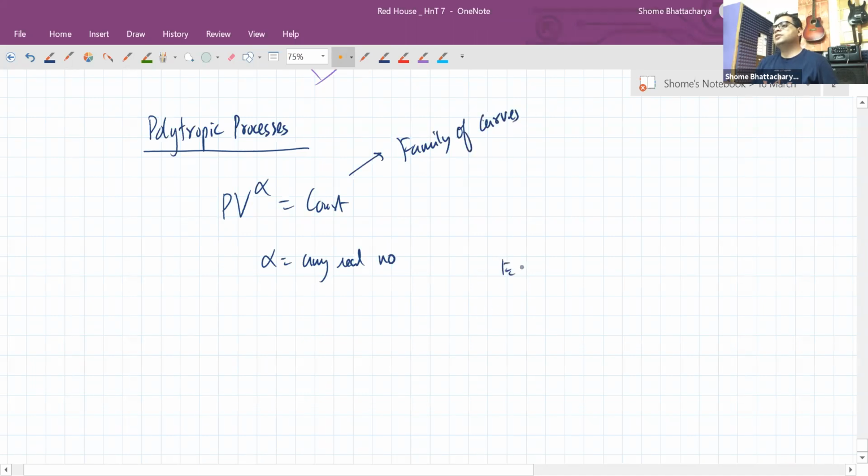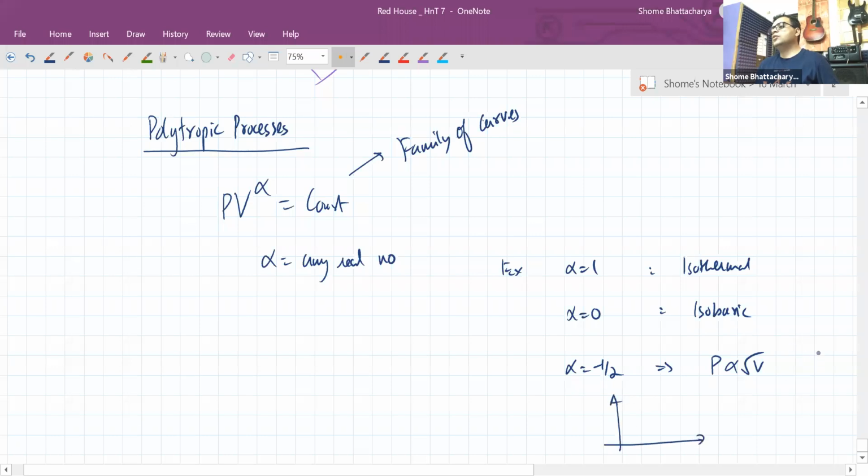For example, if alpha is 1, then you actually get an isothermal process. If alpha is 0, you actually get an isobaric process. But if alpha is, for example, minus half, then this is a process where P is proportional to root V, or PV to the power minus half is constant.